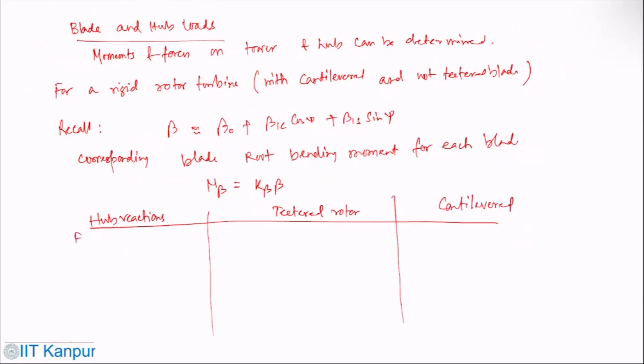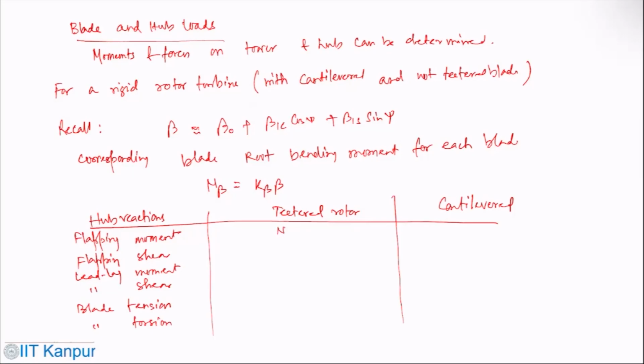Then you have flapping moment, flapping shear, lead lag moment, lead lag shear, blade tension, blade torsion.